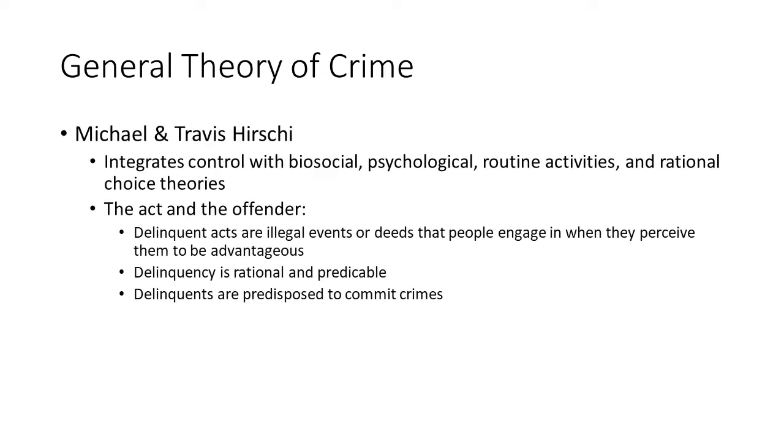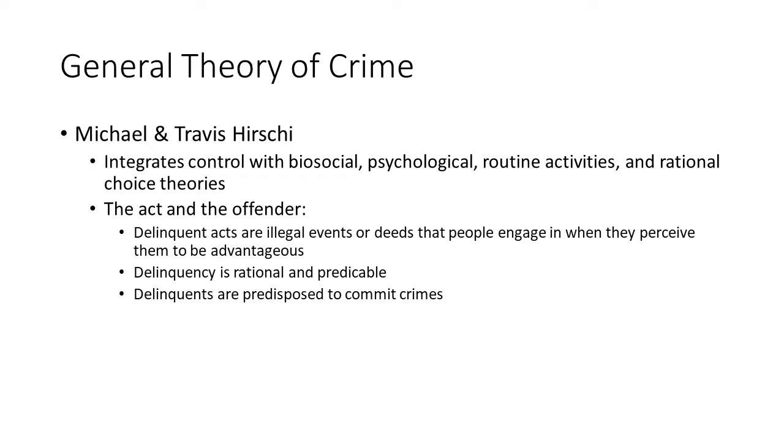They see the delinquent offender and the delinquent act as two separate concepts. The delinquent act, like robberies and burglaries, are negative acts people do when they think it will be advantageous to them. This is like the rational choice theory and routine activities in that people weigh rewards and punishments and the accessibility of targets.